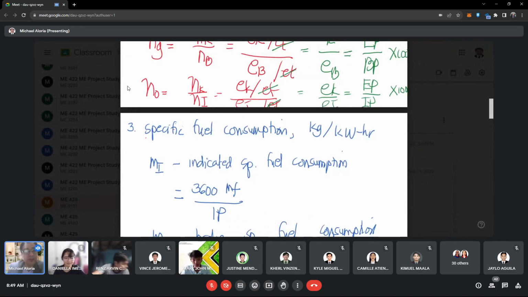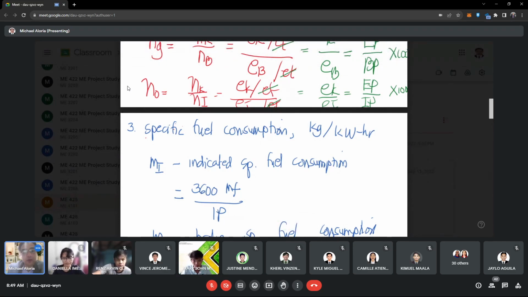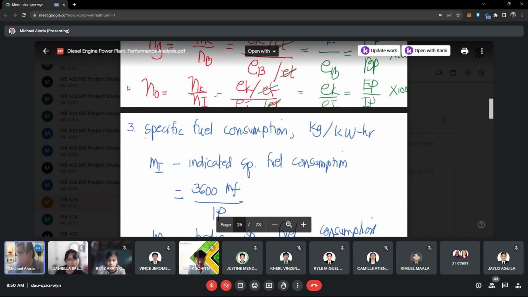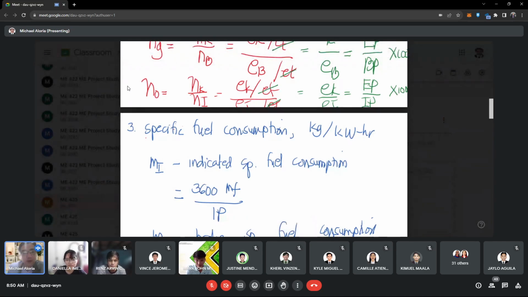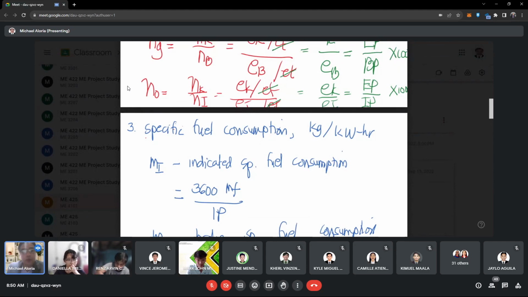Specific fuel consumption is defined as the mass of fuel used, or the amount of fuel consumed, for every kilowatt hour produced or energy generated. So kilogram per kilowatt hour. That would be your definition for specific fuel consumption.